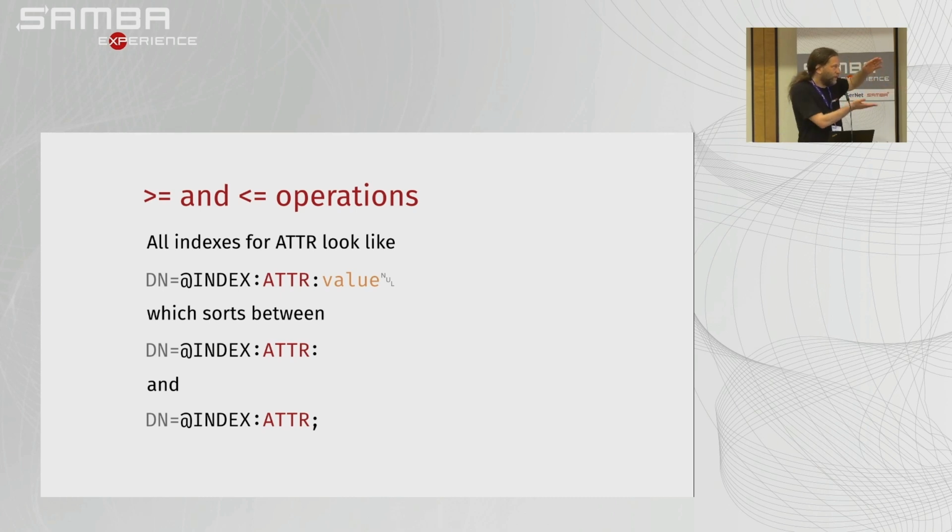So if you're doing a greater than, you're looking for everything between the value and the thing with the semicolon at the end. Because in ASCII, the colon and the semicolon are just next to each other.